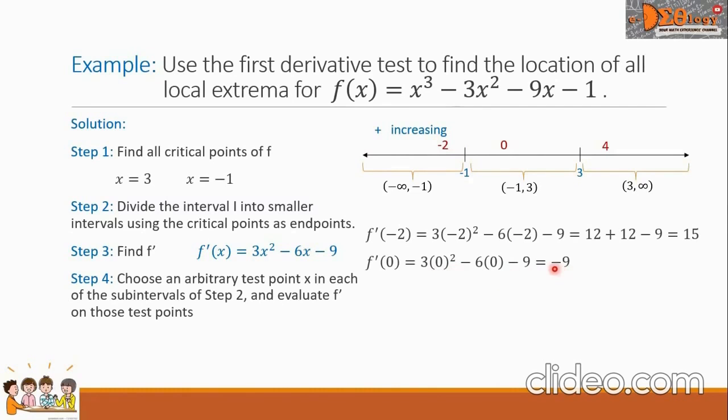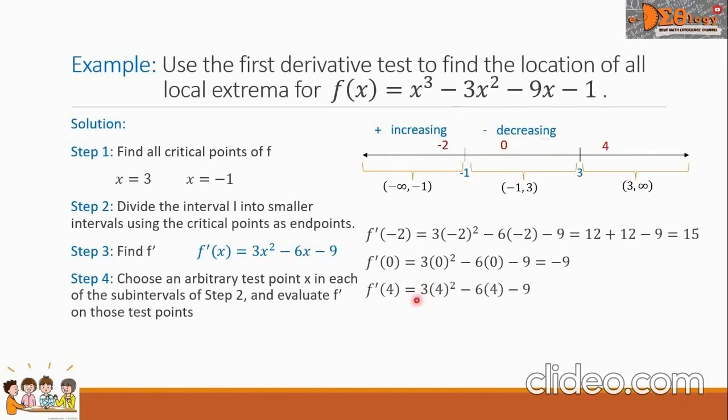The negative sign represents the sign of the derivative in the whole sub-interval here. Let us take a note that we have a minus or negative sign, and we have a decreasing function over this sub-interval.